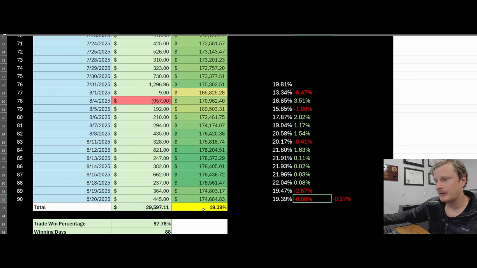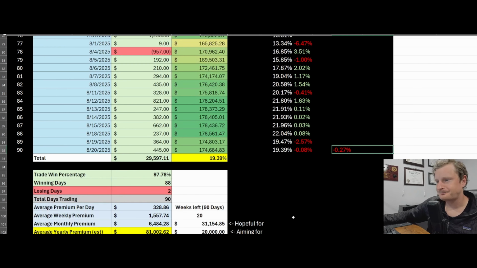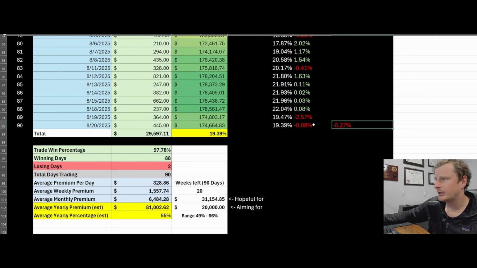That was pretty nice because I was able to bag that $445 of premium while the market just kind of did the market things. So this will be a nice way to track if I'm outperforming the market, or is the market outperforming me? And we'll see what that looks like over time. So I definitely think this is a cool addition to my spreadsheets.